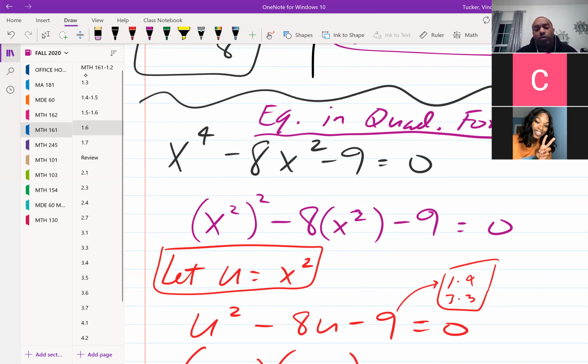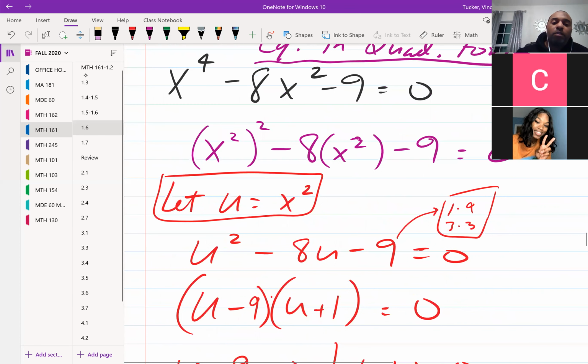So now we have u squared minus 8u minus 9. All right. You can go ahead and factor that out. U minus 9 times u plus 1.